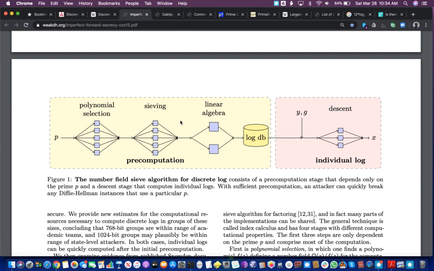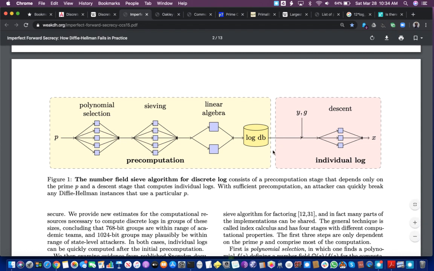The result is that if you want to compute modulo a single prime thousands and thousands of discrete logs, it's not going to take you too much more time than computing a single discrete log, because you would do a massive precomputation on the prime and then very fast individual discrete log computations. That's what this paper showed.